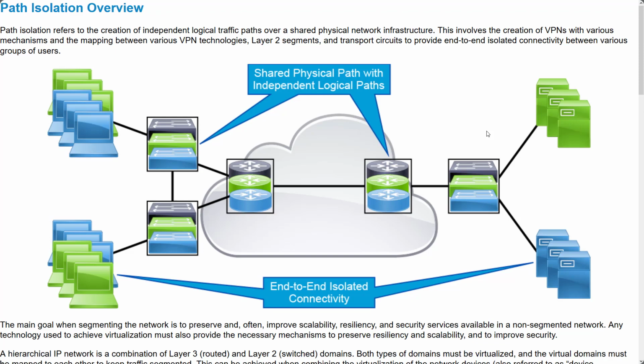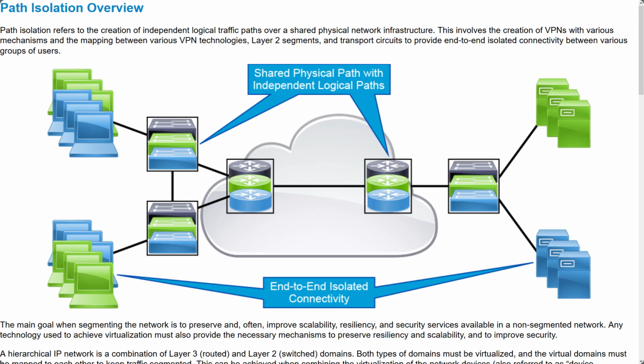So this is going to use VPNs, and they can be service provider managed VPNs, client managed VPNs, and so on, with various techniques and mechanisms to map different technologies. We can have different layer 2 segments, different transport circuits, but the idea is that we're trying to provide end-to-end isolated connectivity between different groups of users.